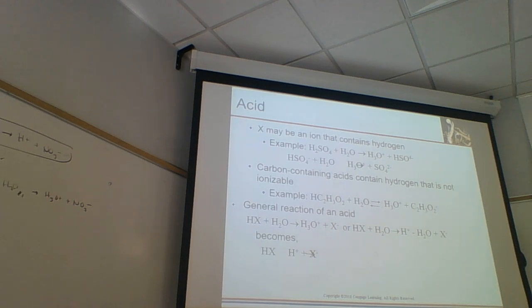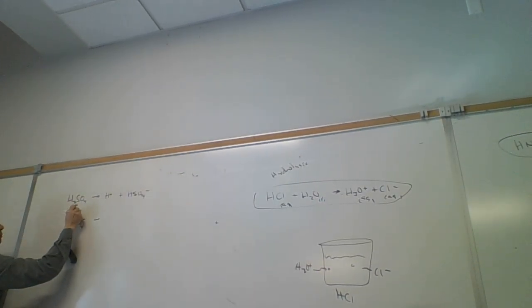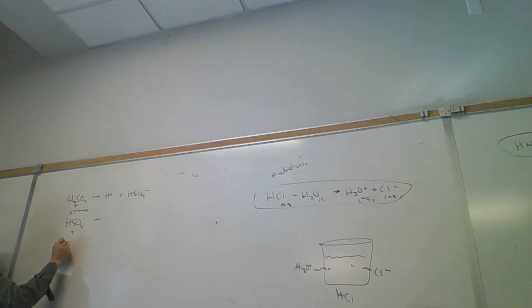Okay, this is step one. In the second step, the second H plus breaks off. However, is HSO4 minus one of the 7 common strong acids that you memorized? HSO4 minus is not. H2SO4 is a strong acid. However, HSO4 minus is a weak acid.